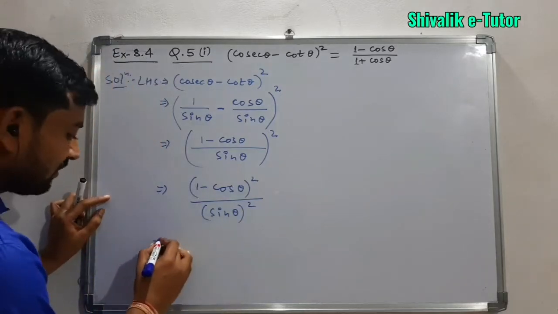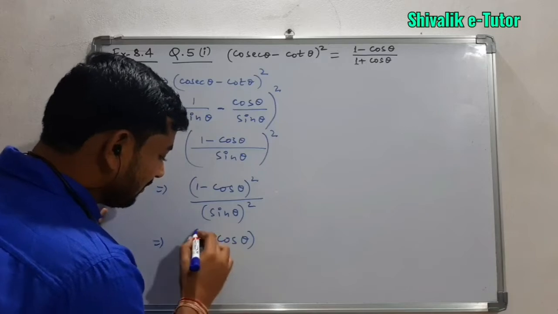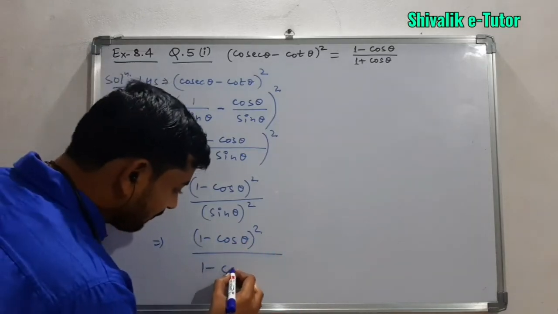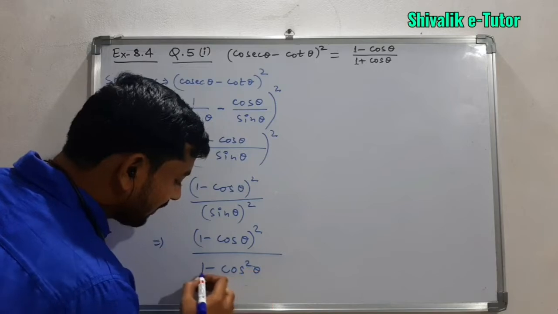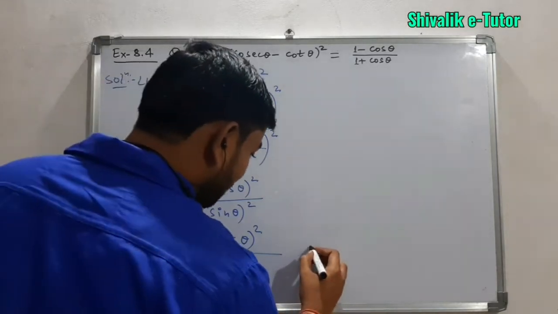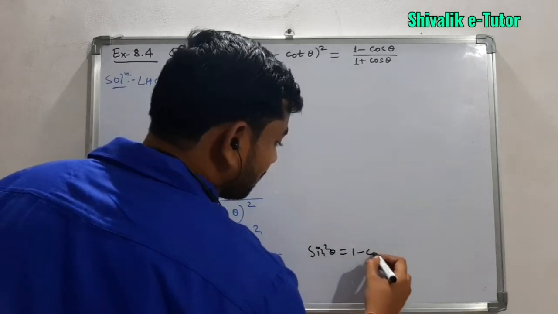Now as we know, sin square theta is nothing but 1 minus cos square theta from identity 1. According to identity 1, we can write sin square theta as 1 minus cos square theta.